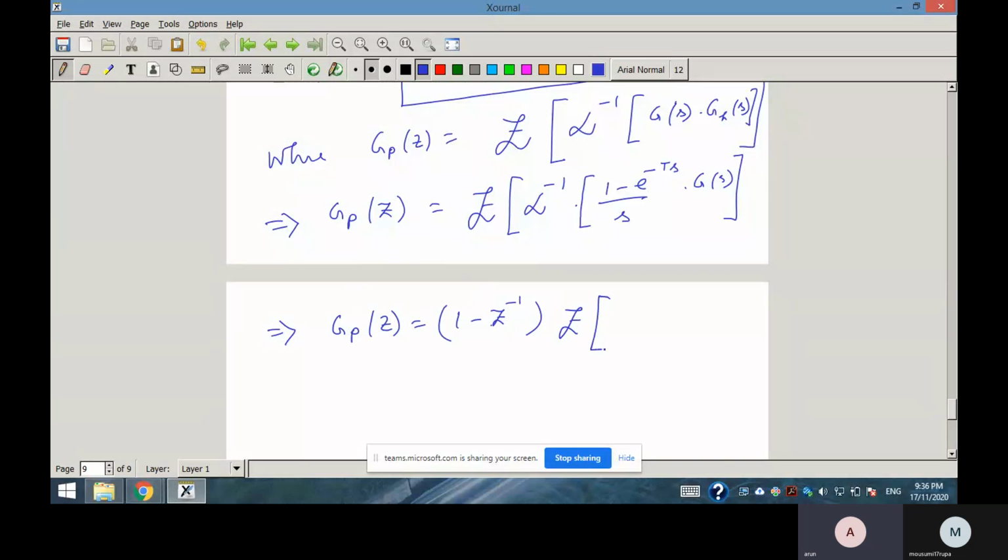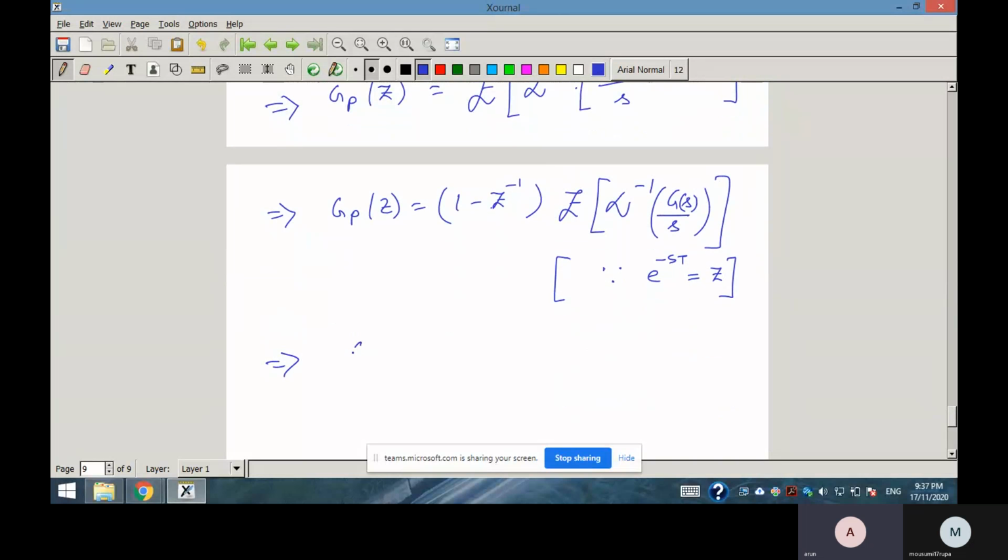So this will be the Z transform of the Laplace inverse of G(s) by s, since e to the power minus sT equals z inverse. So ultimately Gp(z) equals (1 minus z inverse) times the Z transform of the Laplace inverse of G(s) by s. So this is a very important relation.